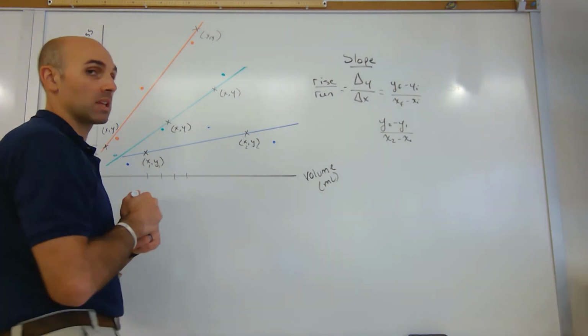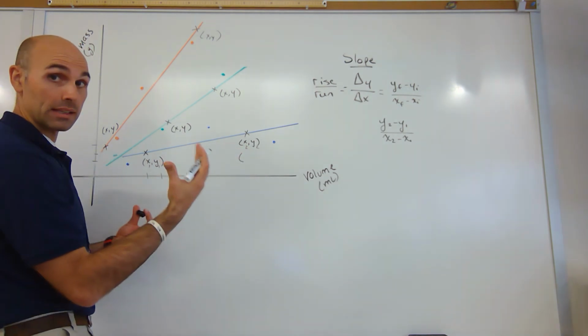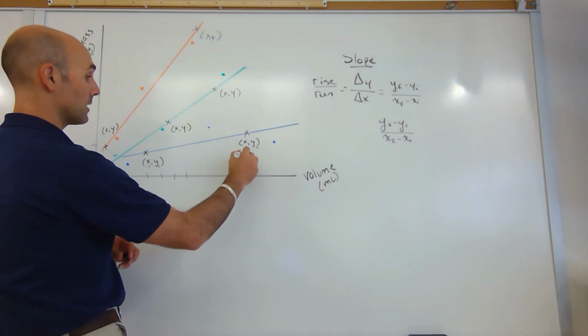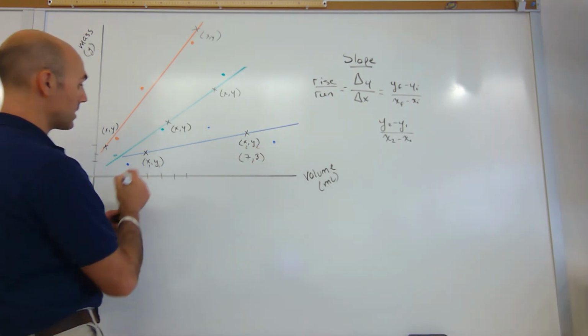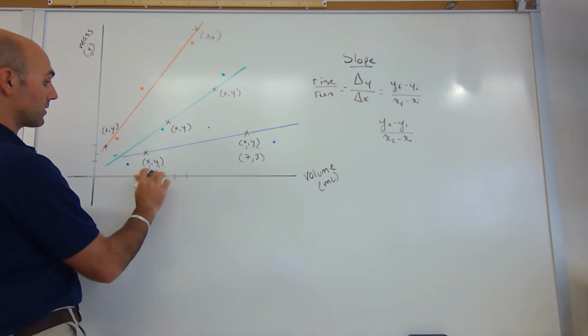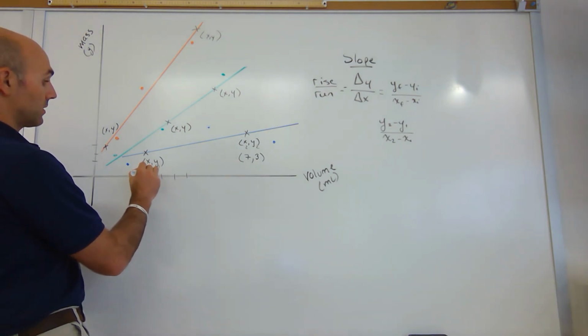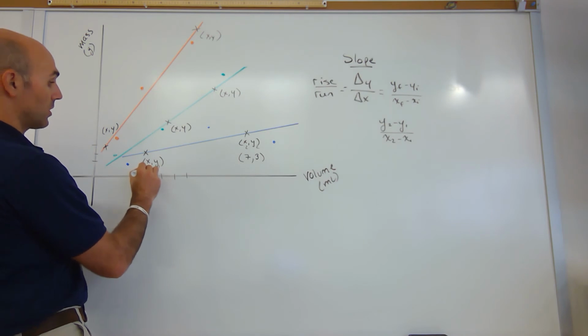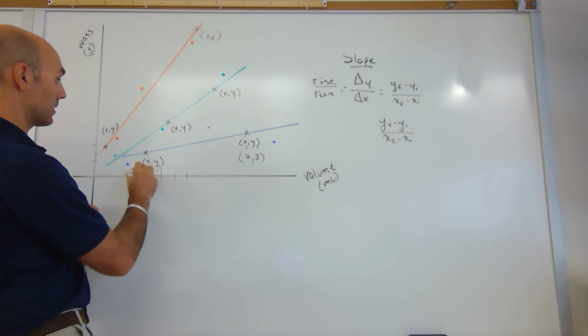All right. So let's say, for example, I'm just making these numbers up. The x is 7 and the y is 3. And here the x is, oh my goodness, let's say the x here is 3, and the y is 1.